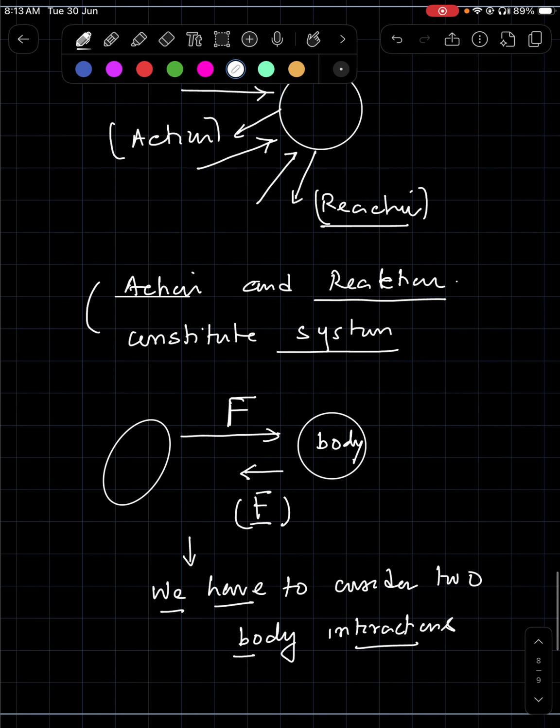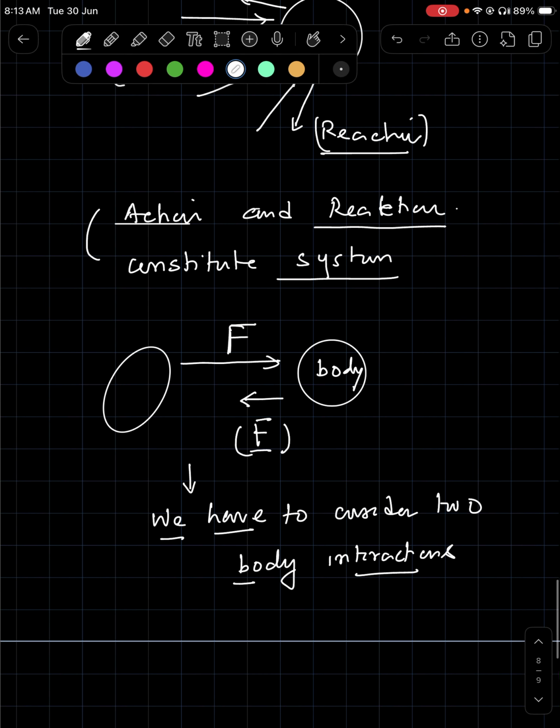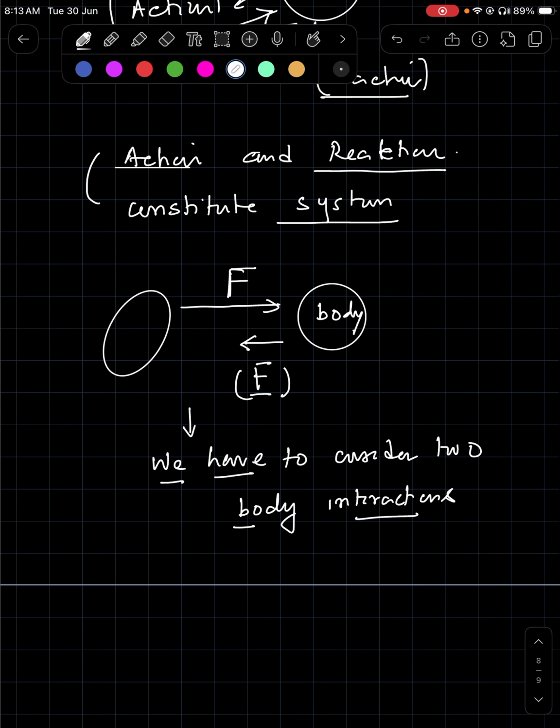So again, I am going to explain that if a force is acting on a body, the body in response will exert the same and opposite force. But the opposite force acting on what? Acting on another body. Otherwise, there is no meaning of this response force, right?